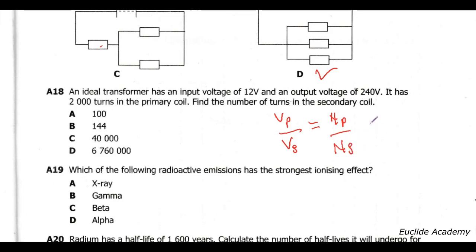That is for a step-up transformer. The transformer has an input voltage of 12 volts and an output voltage of 240 volts. It has 2000 turns in the primary coil. Find the number of turns in the secondary coil.